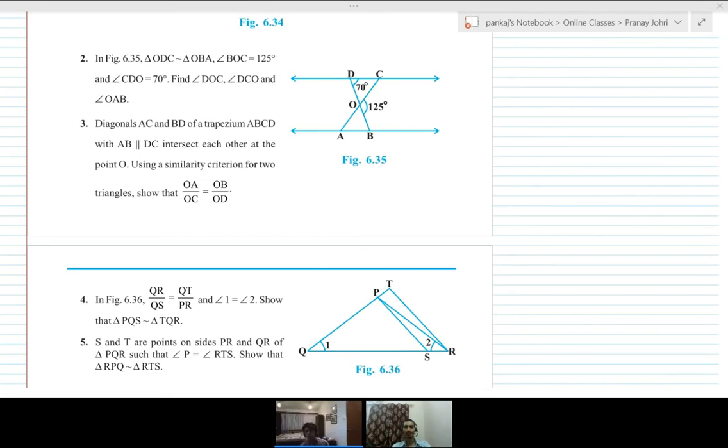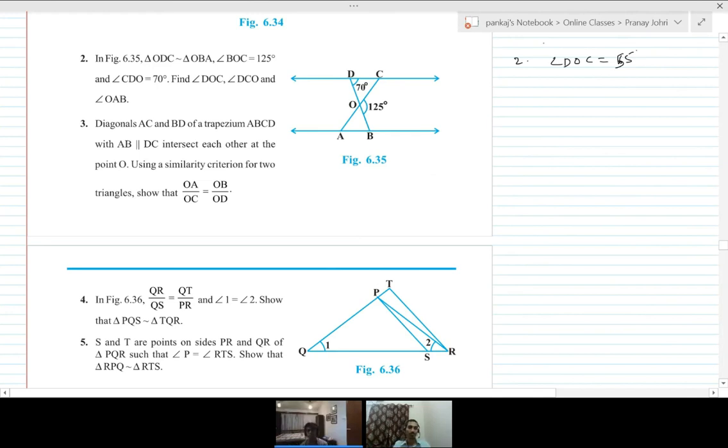Okay, so angle DOC is 180 minus 125, which is 55 degrees. Angle DOC is equal to 55 degrees.